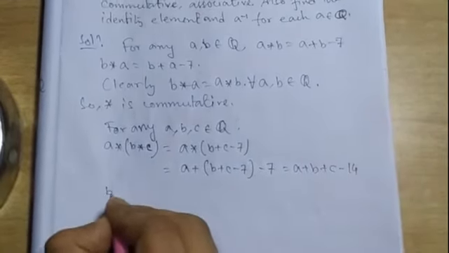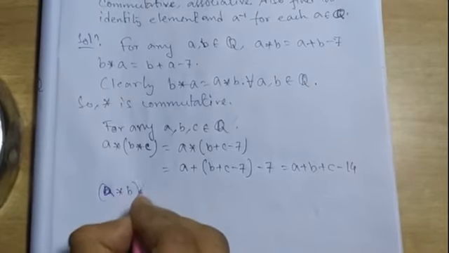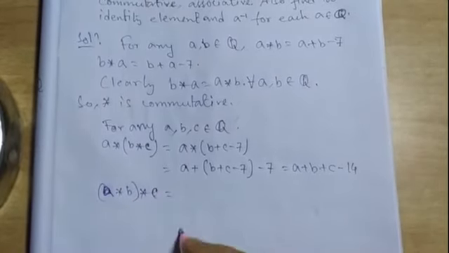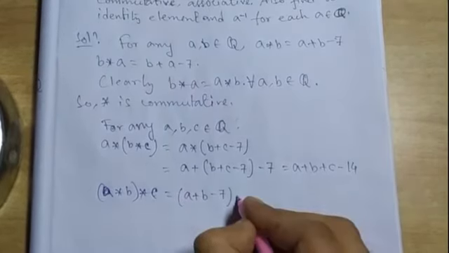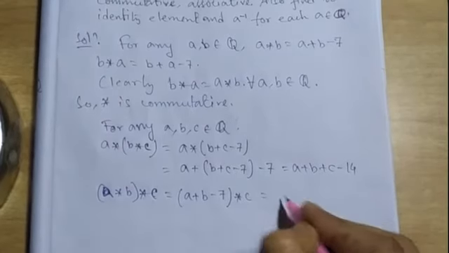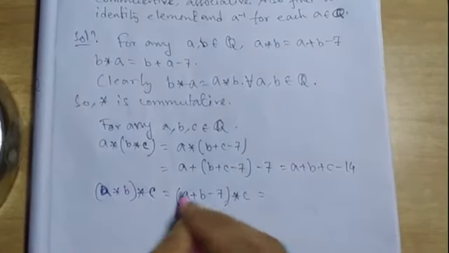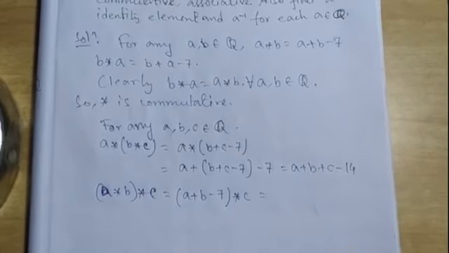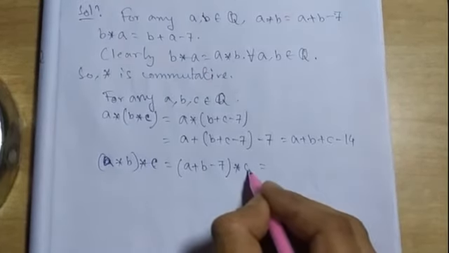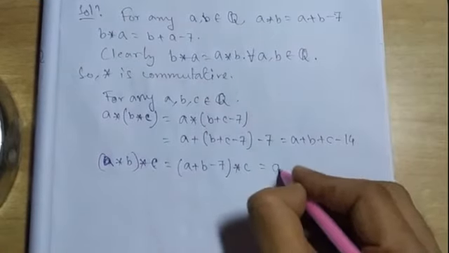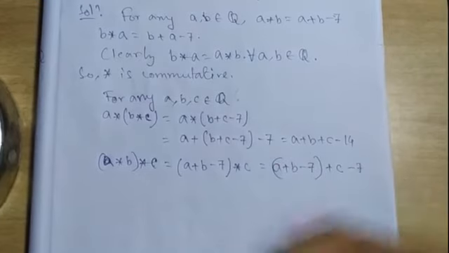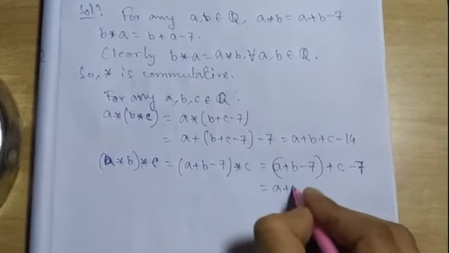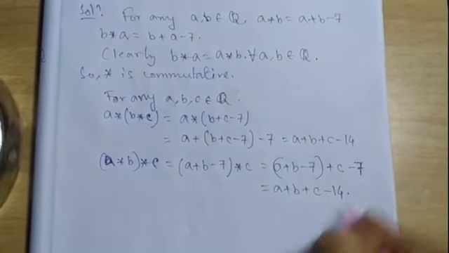Similarly, if we operate A star (B star C), then what is happening? B star C will be having the value B plus C minus 7, so A star (B plus C minus 7). Now B plus C minus 7 will be treated as one unit. So A plus this minus 7, according to the definition, will again be A plus B plus C minus 14.